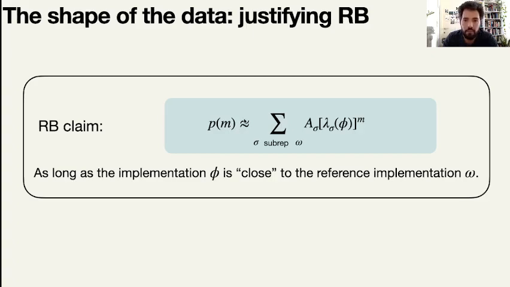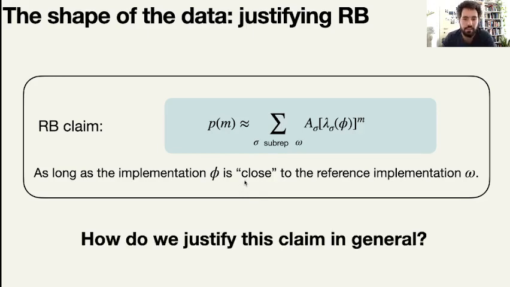And this has been proven rigorously in some cases. We'll get back to that. But we want to prove this generically, and we also want to elucidate the precise meaning of close. So how can we justify this claim in general is really our first main statement.